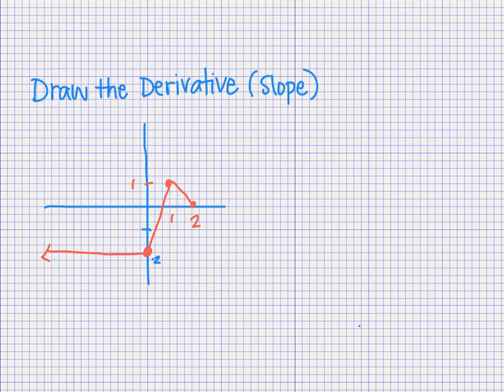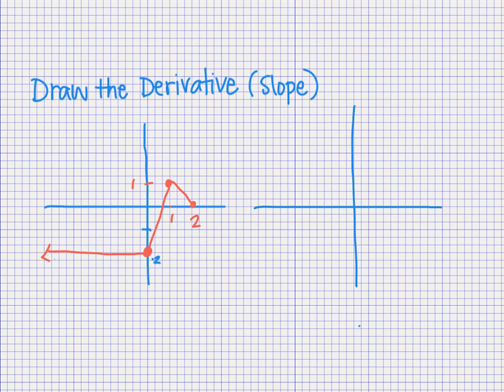Now, which means you're drawing the slope. How many different slopes are contained on this graph? There are 3 different slopes. There's a slope for the first horizontal piece, then there's a slope for the linear piece that's positive, and then the slope for the linear piece that's negative. So when you draw the slope, all right, your derivative for that first piece, what is the value of the slope? 0.